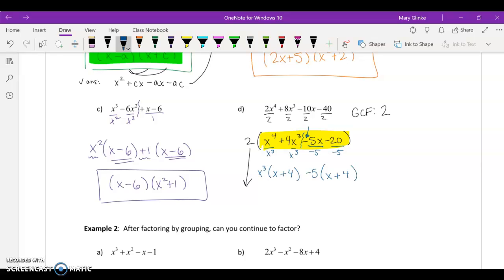So it becomes x plus 4. Now that our parentheses match up as x plus 4, our other one would be x cubed minus 5. And then we still have this 2 that we are bringing down because it was our GCF initially. So all of that together would be our final answer.